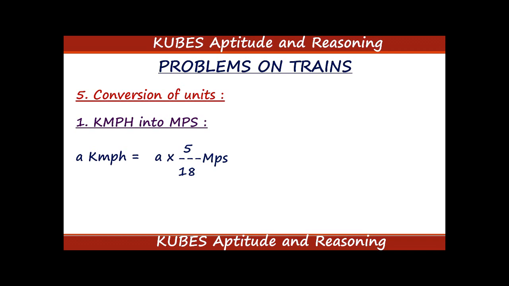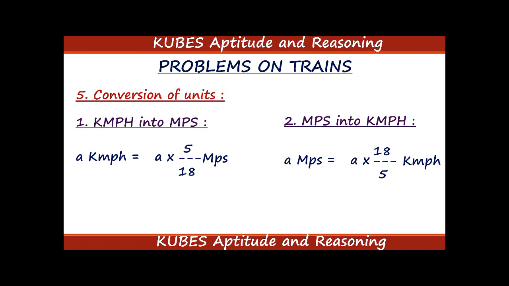And similarly, if you want to convert meter per second into kilometer per hour, then multiply by 18/5. For example, to convert a kilometer per hour into meter per second, just multiply a by 5/18. And similarly, to convert a meter per second into kilometer per hour, multiply a by 18/5.